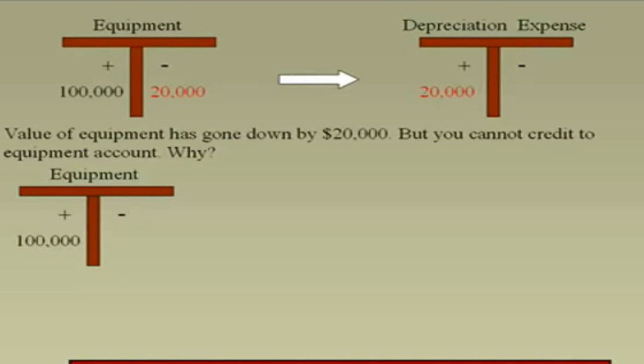It looks good, but there's a problem. In real life, you can't show 20,000 as a minus in equipment. You cannot do that. Why? Think about it. Look at the equipment account.